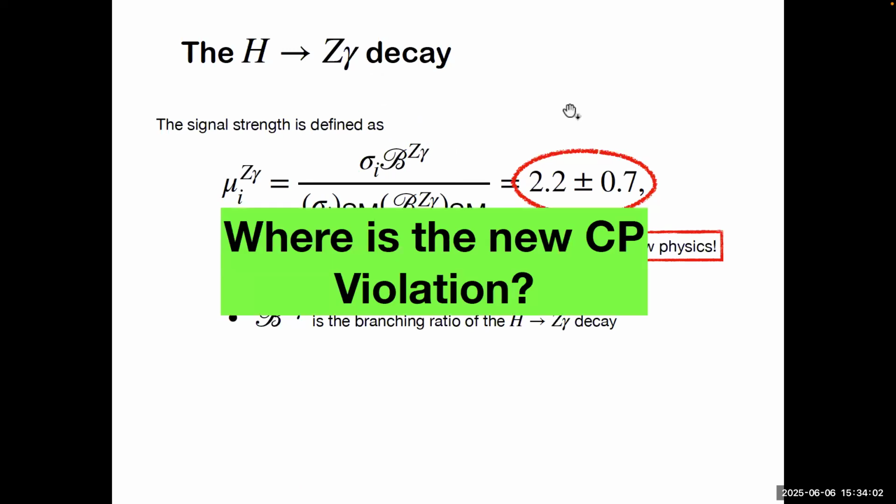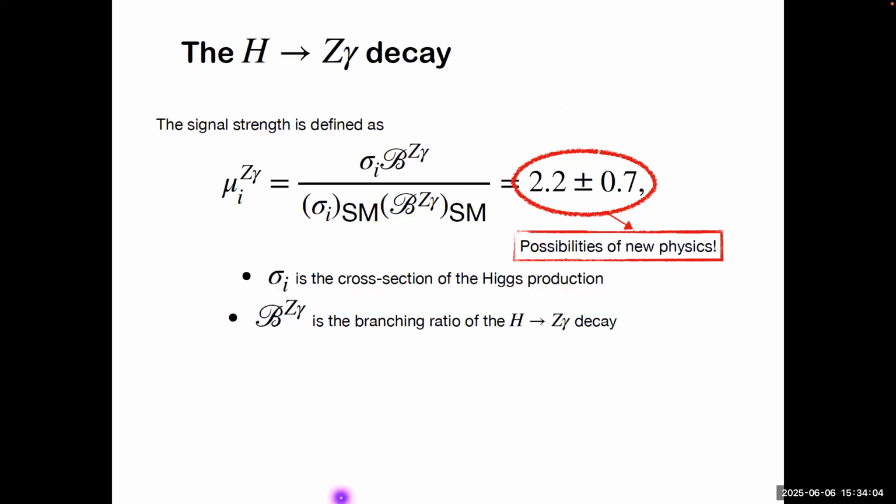They observed 2 times. The signal is 2 times the standard model prediction, and this result agrees with the standard model at 2 sigma.